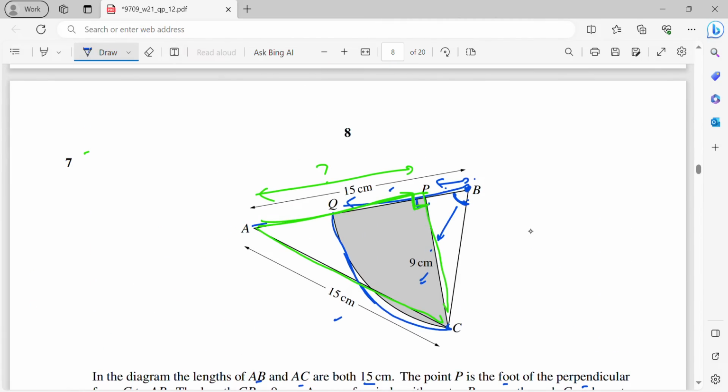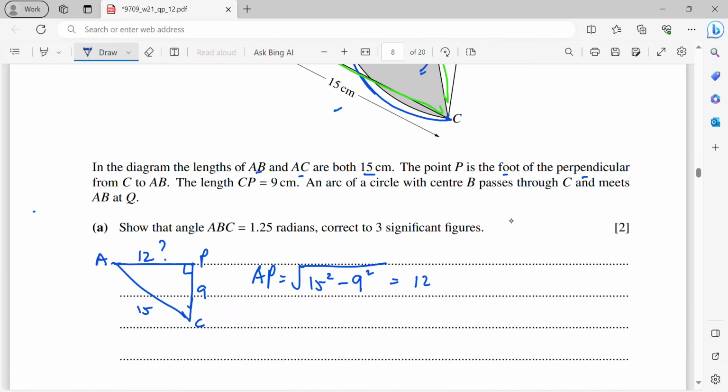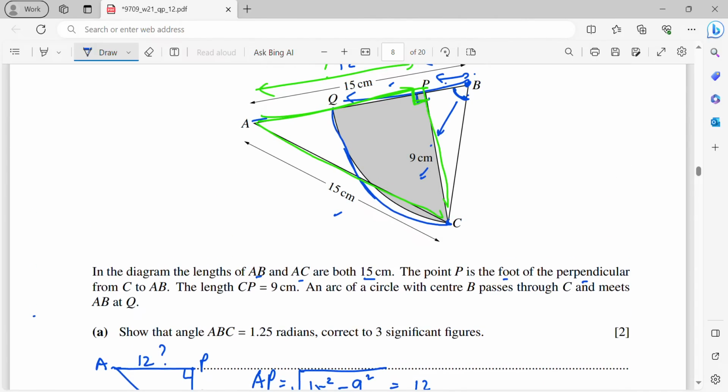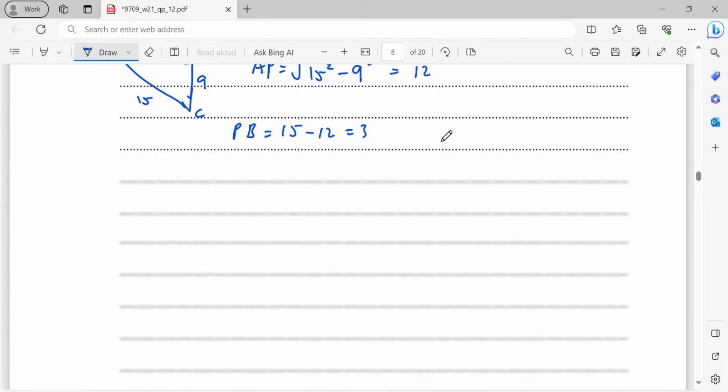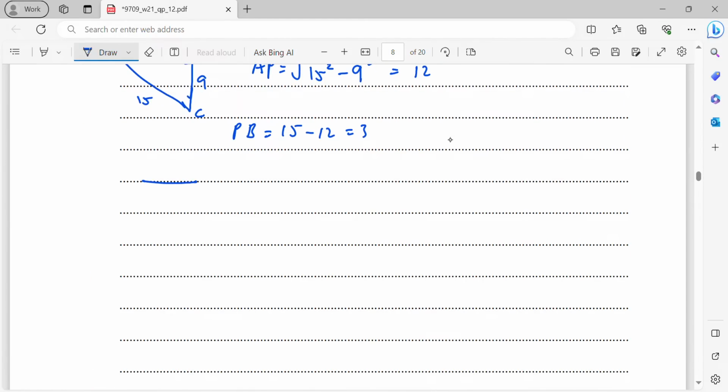So when my AP is 12, which means my BP is going to be 3. So now my BP is 15 minus 12, which is 3. So once I found BP is 3, then I can find this angle using triangle BPC.